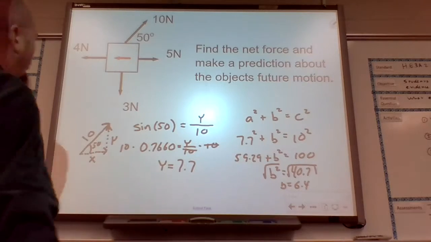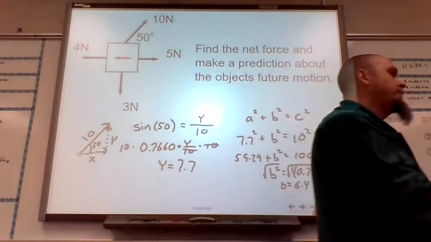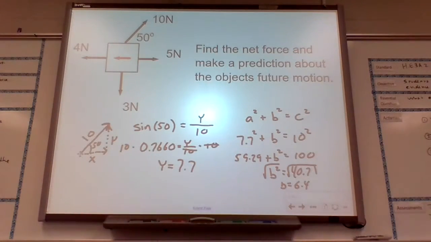Again, our goal here, and the whole reason why we did this, was to get rid of this angled vector. We can't use these angled vectors. We need everything to be either in the horizontal or the vertical for us to do our math.